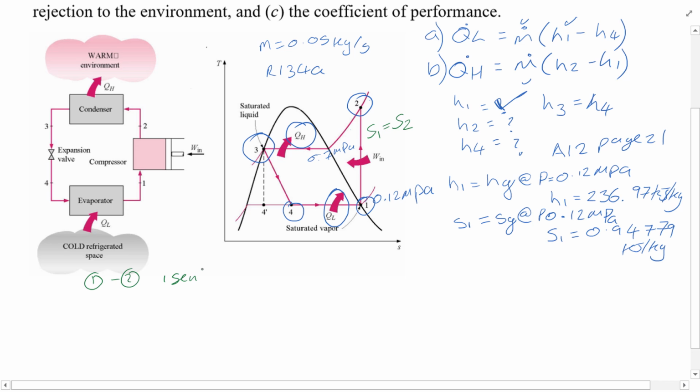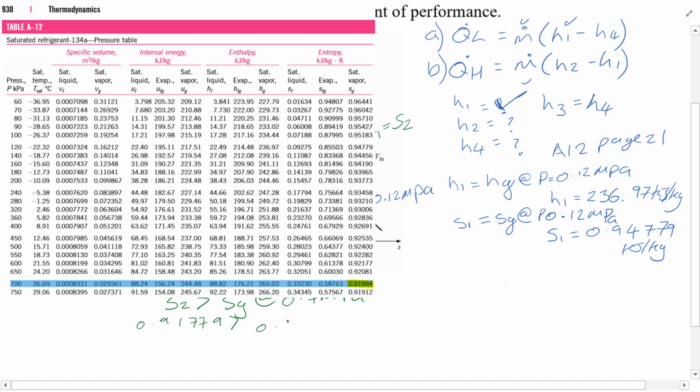Therefore, since S2 is greater than Sg at 0.7 megapascals, which is shown here, 0.94779 is greater than 0.91994, refrigerant 134A is superheated.